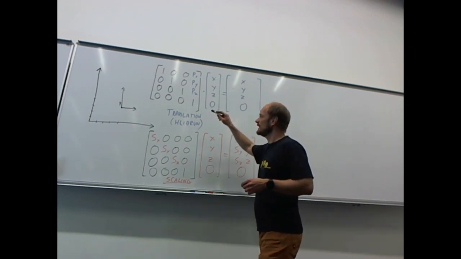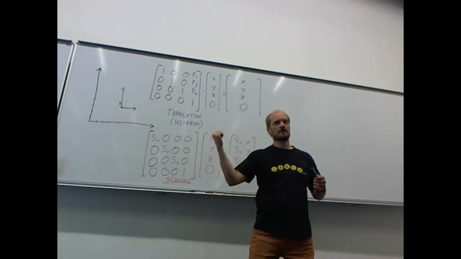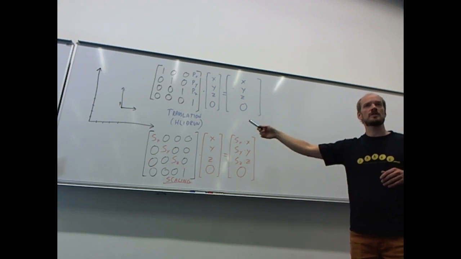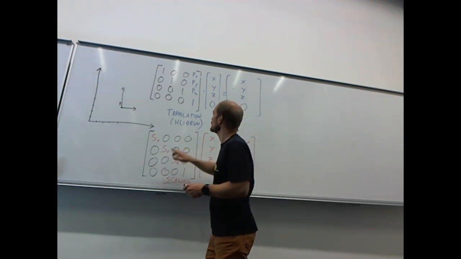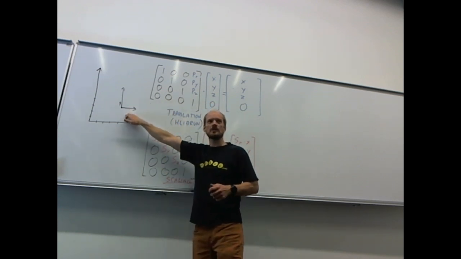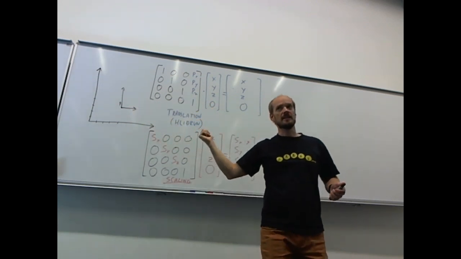So in this case, how could we combine these just within the matrices? Can I just put the Sx, Sy, and Sz here, and I'll get this result? I can, in this case.